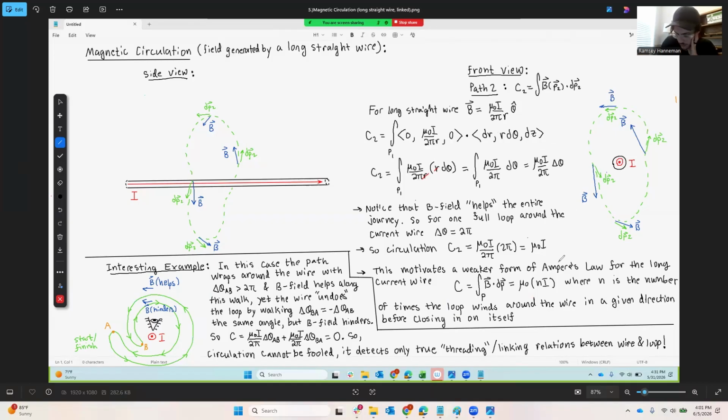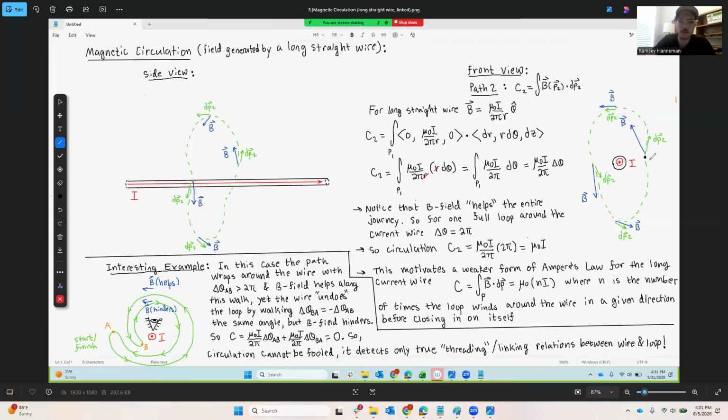However, something has changed from the case where the loop didn't encircle the wire. And what is that change? What's different now? The angle, I think it's going to get added instead of subtracted, right?